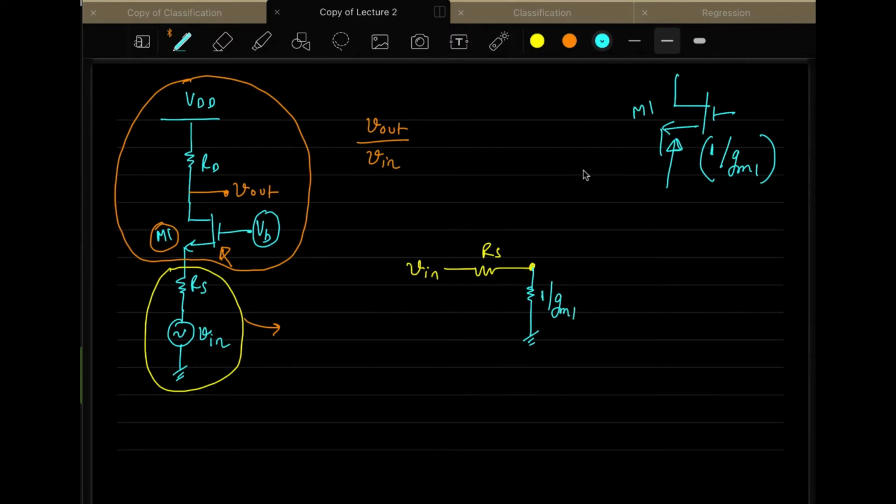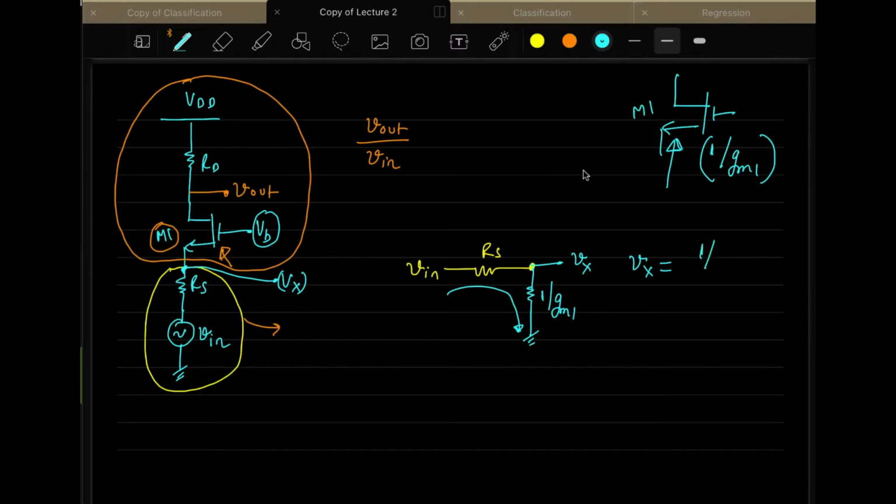And now you have V out this side. So not V out, it will be, let us say, Vx. Here you have X at this point. At this point, let us say we have a voltage node Vx. So what is the value of Vx? It is a simple voltage divider, right? So you can calculate the value of Vx.